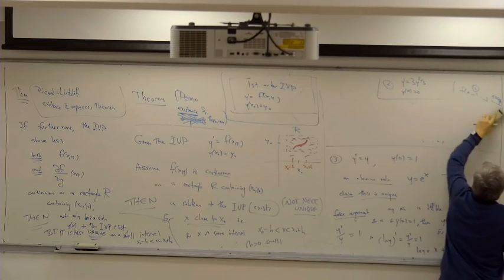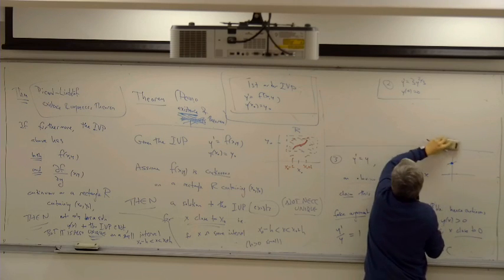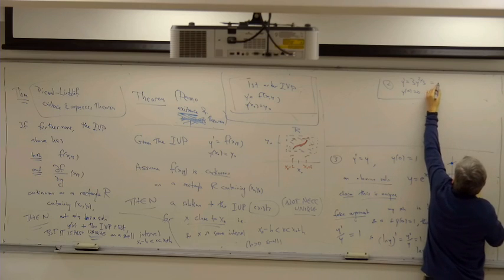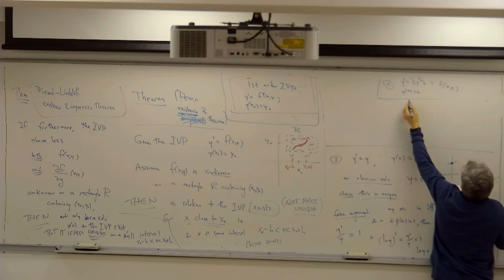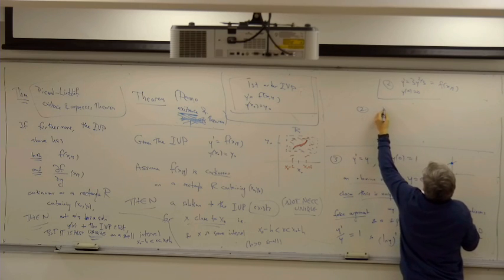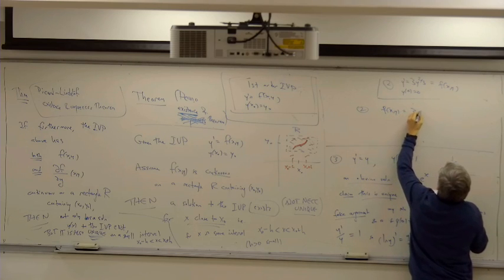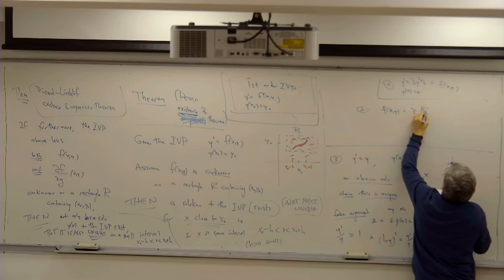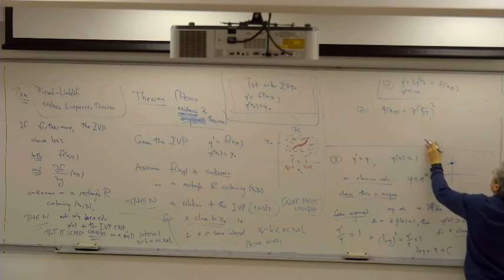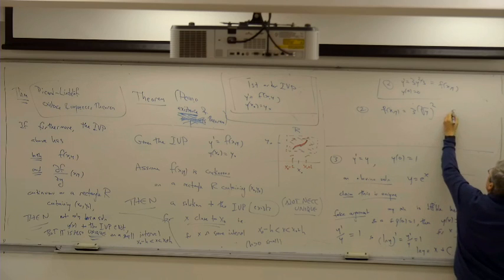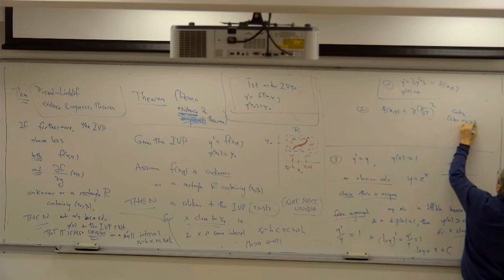Problem in case 2, the function, so this is now f of x, y. So for 2, f of x, y, which is 3 times, well, if you like, cube root of y squared, this is a perfectly nice function. It's continuous. So no surprise that solutions exist.